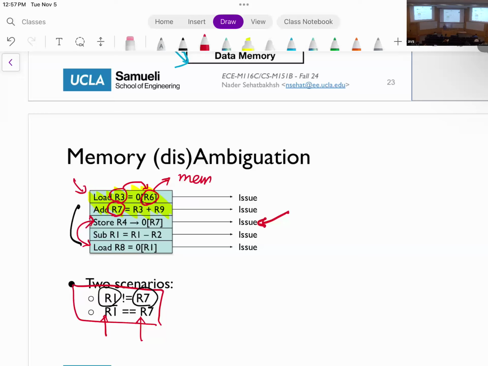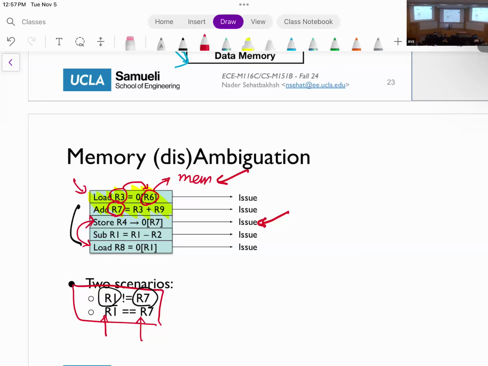We're going to wait for the value of R7 to be known, which means that I need to wait for this load to finish, and that takes many, many cycles. I'm not going to do anything until I know whether R7 and R1 are the same. If they're not the same, I continue. If they're the same, I'm going to issue some form of in-order processing or whatever, okay?